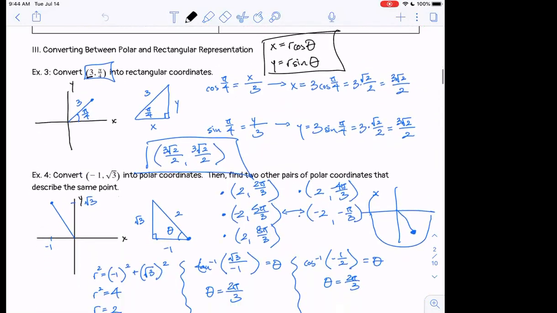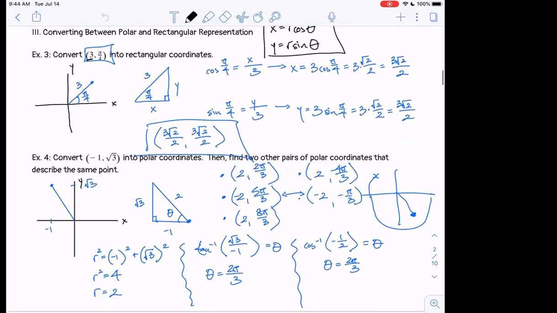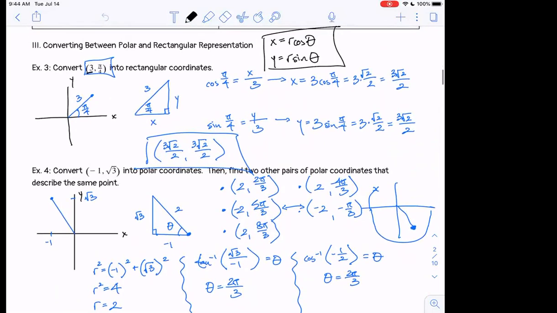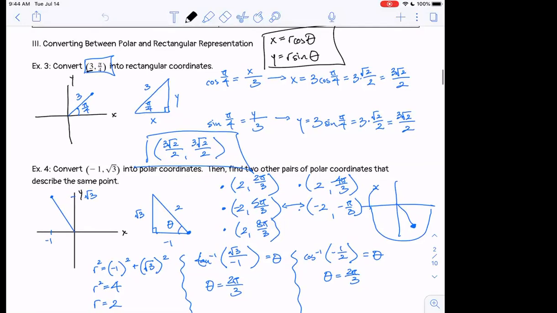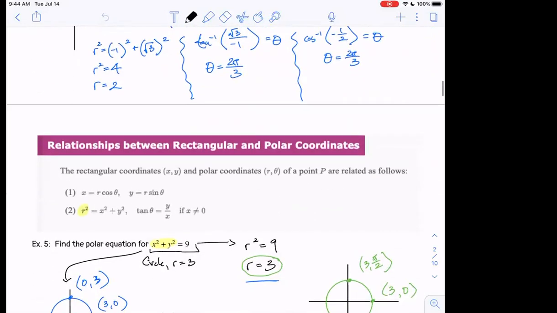After that, we took a look at converting between rectangular coordinates and polar coordinates. We did this using what we know about right triangles, and at the end we summarized it with these formulas here. So we could see why we have the formulas the way we have them and where they came from.